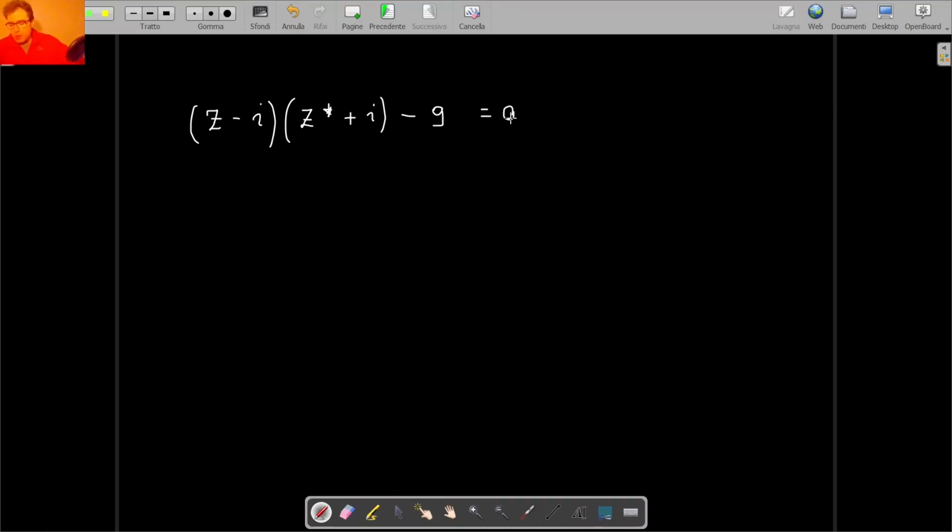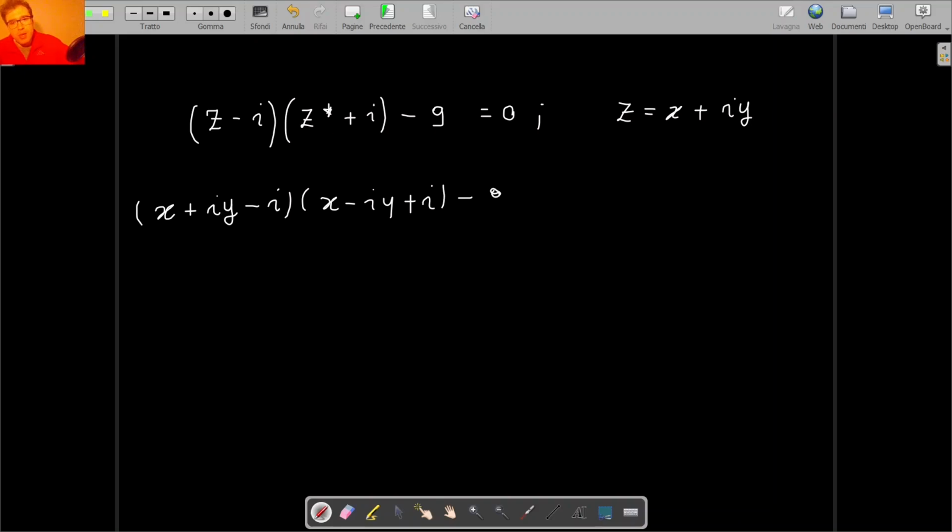Now we can express z in its algebraic form as x plus i y, and so we have (x plus i y minus i) multiplying (x minus i y plus i) minus 9 equal to 0.